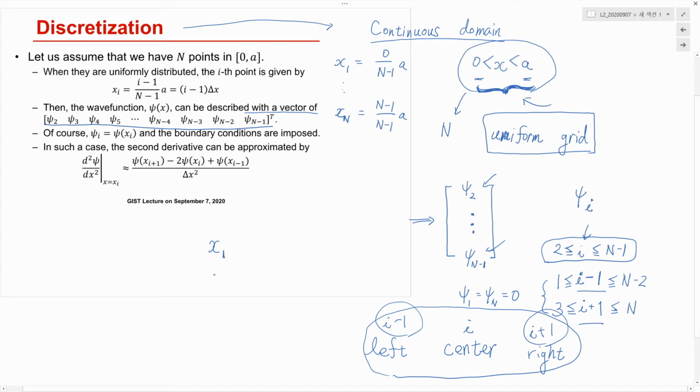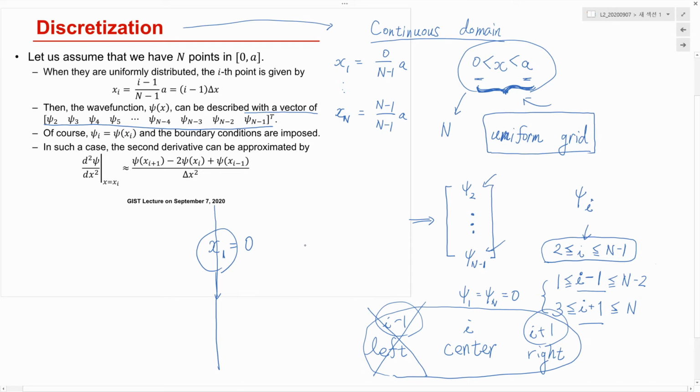If we try to find the left one, what is the left neighbor of psi at x1? x1 is equal to 0, and there is no available point smaller than this x1. So the left position is not available.